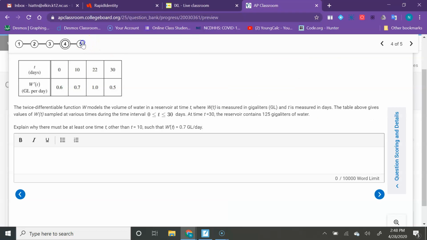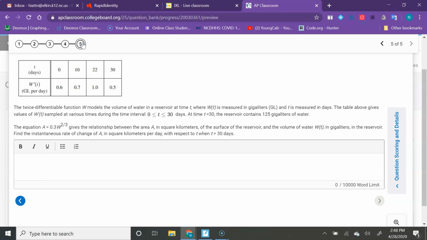And our last part, number 5, is a related rates problem, and we have a formula. A equals 0.3 W to the 2/3, and it gives the area of the surface of the reservoir, and it's in terms of W of t.